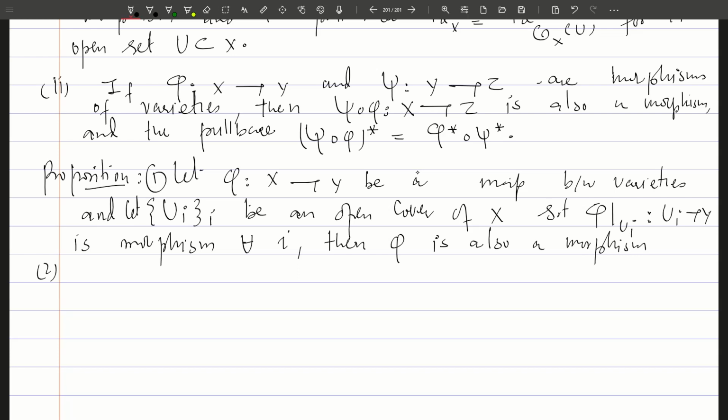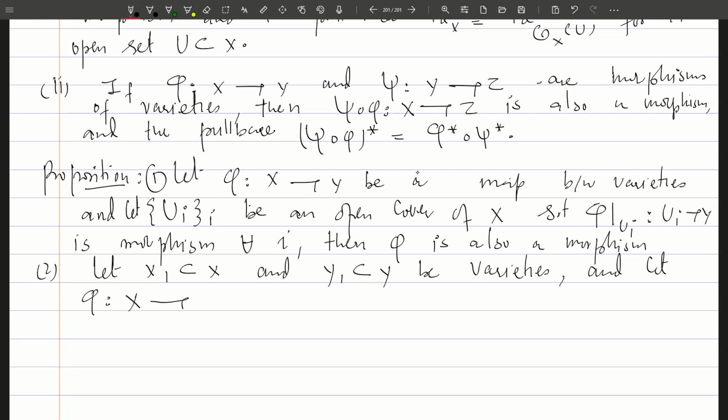And for the second item, let us suppose X_1, which is a subset of X, and Y_1, which is inside Y, are varieties. And let phi from X to Y be a morphism.